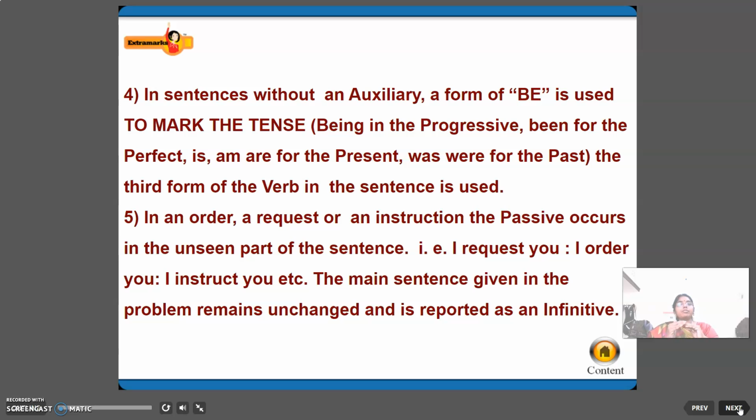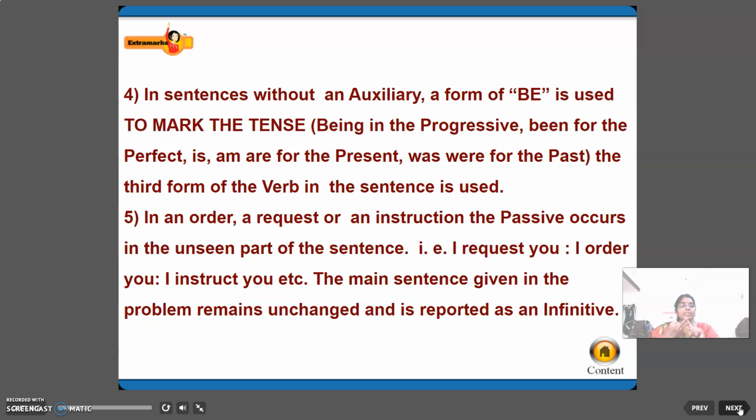The third form of the verb, that is V3, the past participle form, is used in the sentence.